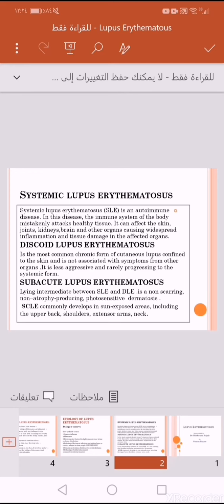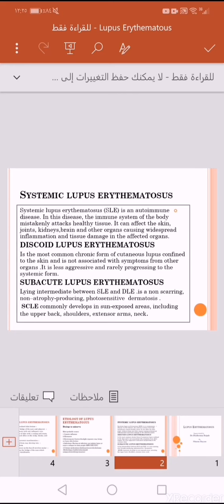The most important thing that we must focus on is cutaneous, because this type has no systemic manifestation. It only affects the skin, so it is confined to the skin, and is not associated with symptoms from other organs.